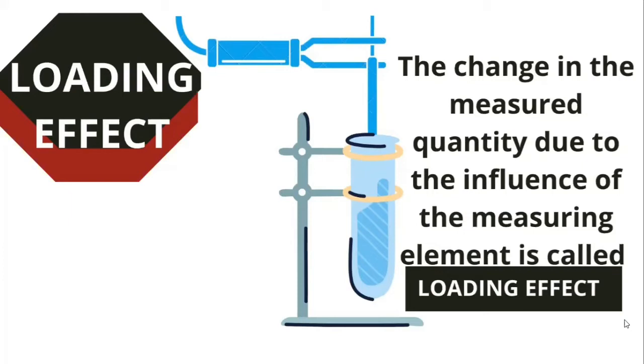The measured quantity here is the solution, right? The solution's value only we have to find out, but the electrode, while placing, will change the value of the measured quantity. This is what we call the loading effect, right? Anyway, in future while doing experiments, we will see this loading effect in much more detail, right?